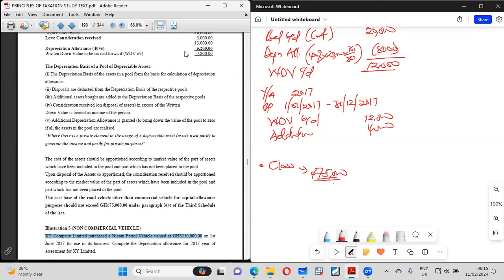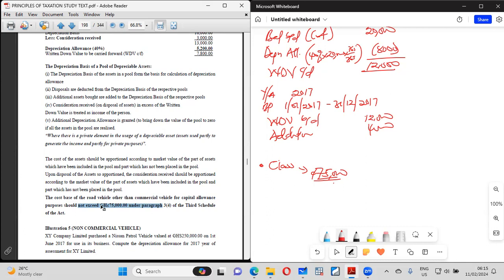Now it says that, look at this. The cost base of a road vehicle, other than a commercial vehicle, for capital allowance purposes, shall not exceed 75,000 under paragraph 3. So that is what you see there in the third schedule.